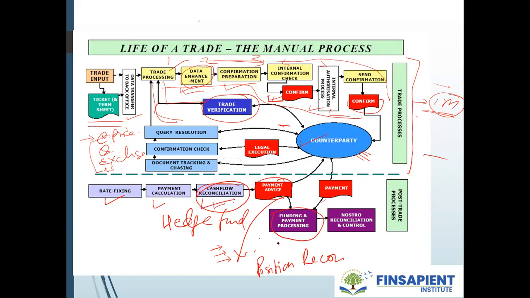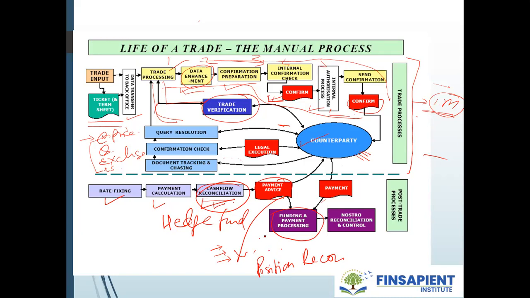So cash flow reconciliation and position reconciliation need to be done on a daily basis, ideally, in order to have a complete hold on the cash position and the quantity of the different stocks or bonds executed or bought on a daily basis.